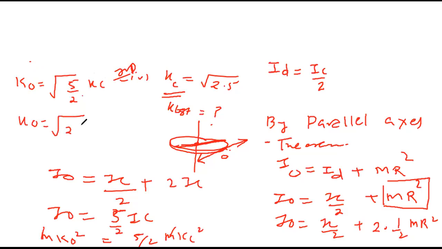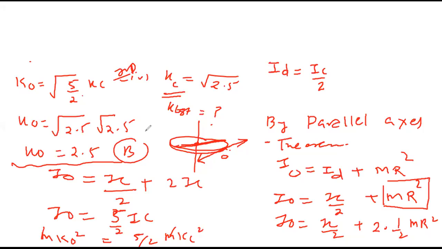KC is root of 2.5, so KO equals 2.5. Very, very important sum. Option B. Any doubt? Any of you having doubt in this sum? No. Okay.